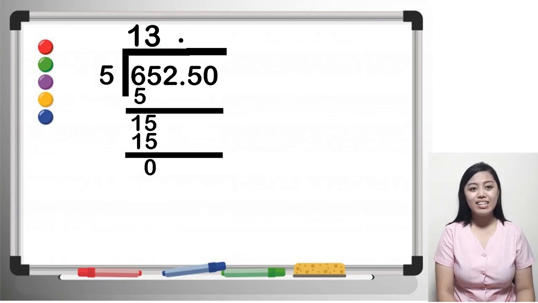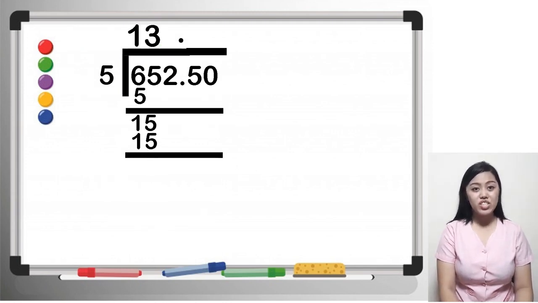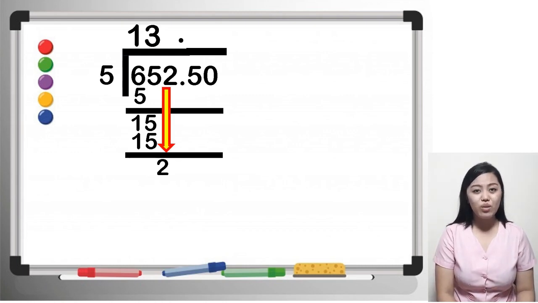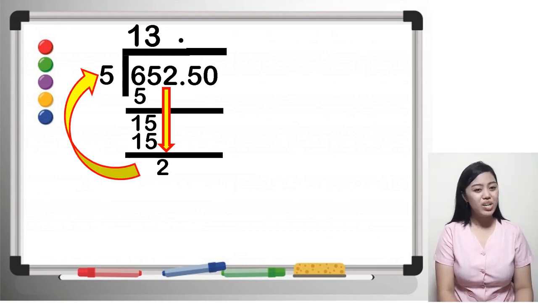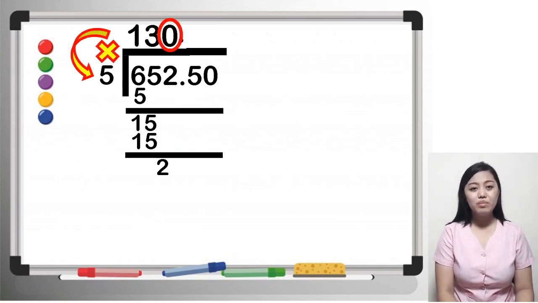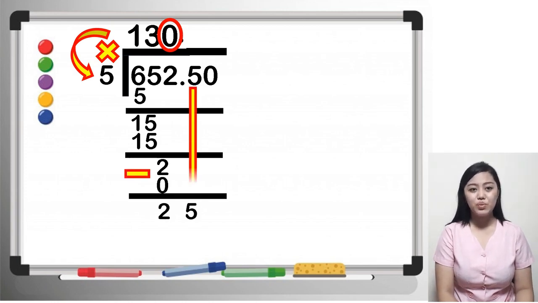Again, let's proceed. We will not be able to use the 0, so let's bring down 2. Repeat the process. 2 divided by 5 is 0. 0 multiplied by 5 is 0. 2 subtracted by 0 is 2.